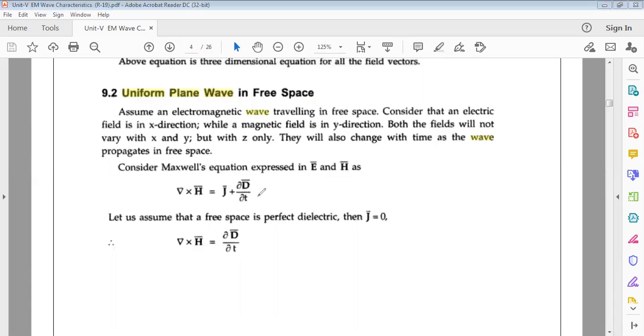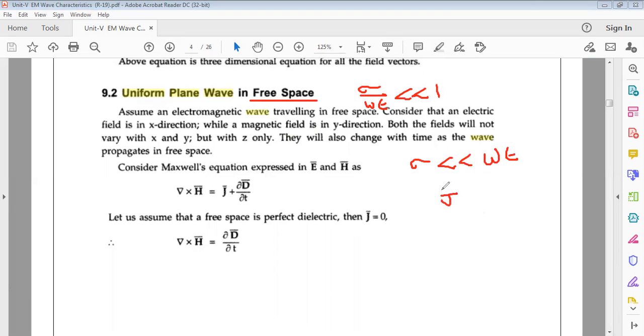J bar means conduction current density JC. That JC is equal to sigma into E bar. Because it is free space and nothing but a dielectric, sigma by omega epsilon is very much less than 1. It's a perfect dielectric. Sigma is very much less than omega epsilon.